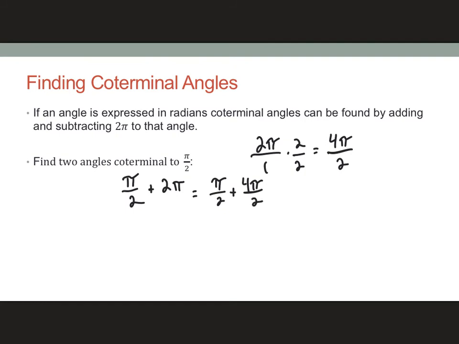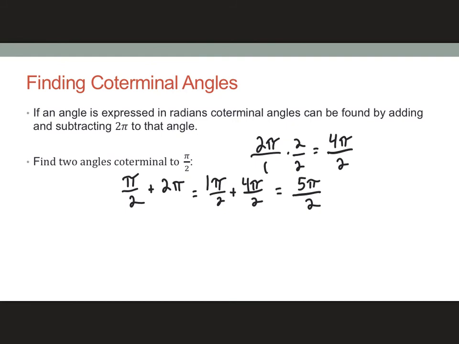So pi over 2 plus 4 pi over 2. Now that we have common denominators, you can add the numerators to each other. The pi by itself is really 1 pi, so 1 pi plus 4 pi is 5 pi. And the denominators stay as 2. So 5 pi over 2 radians is coterminal to pi over 2 radians.